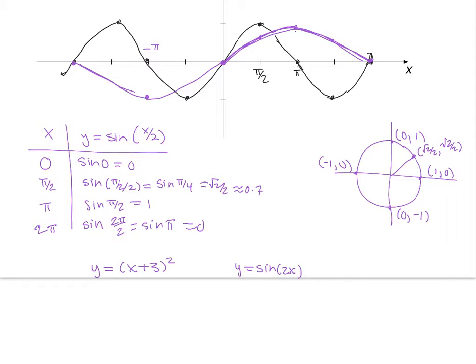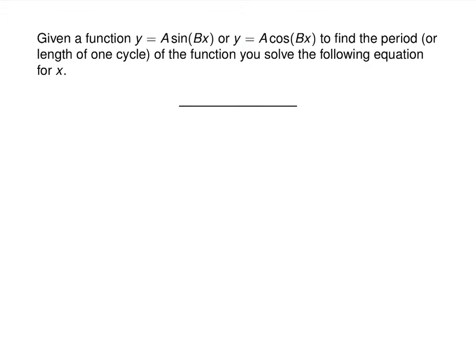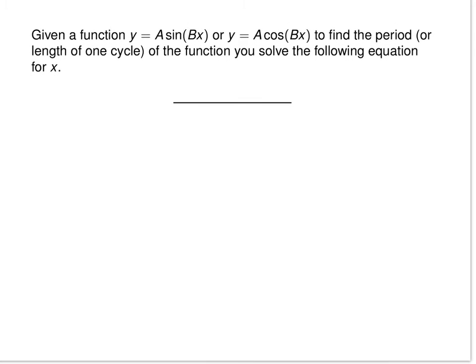Okay, so here we go. To find the period, or length of a cycle, what you can do is this. You take this thing inside, that bx, and set that equal to 2 pi. If you then solve that for x, it will tell you how long it takes your picture to go through one cycle.